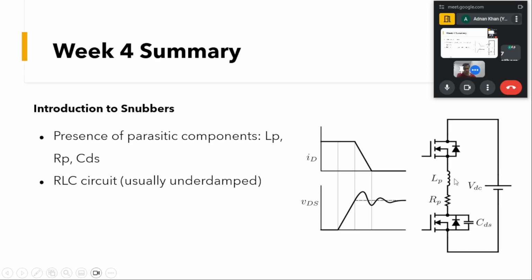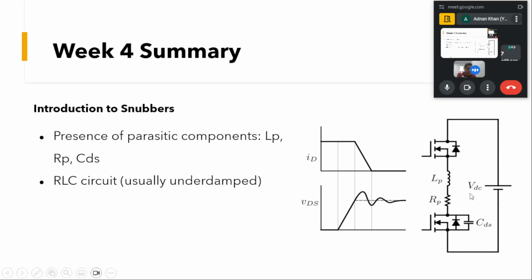Since these are parasitic values, the values of these elements will be very small. Since the value of this R is very small, this RLC circuit will be an underdamped circuit.